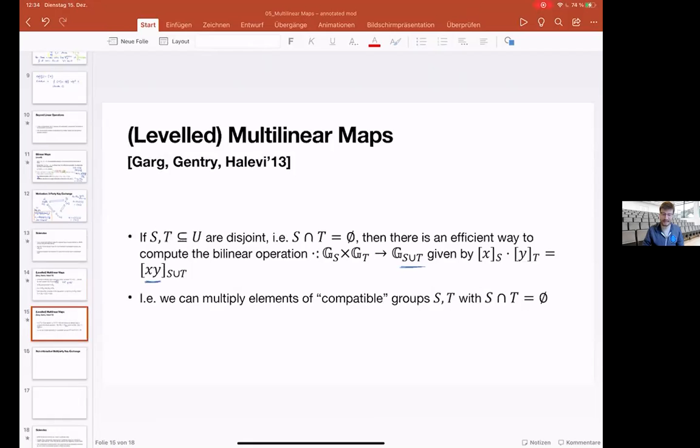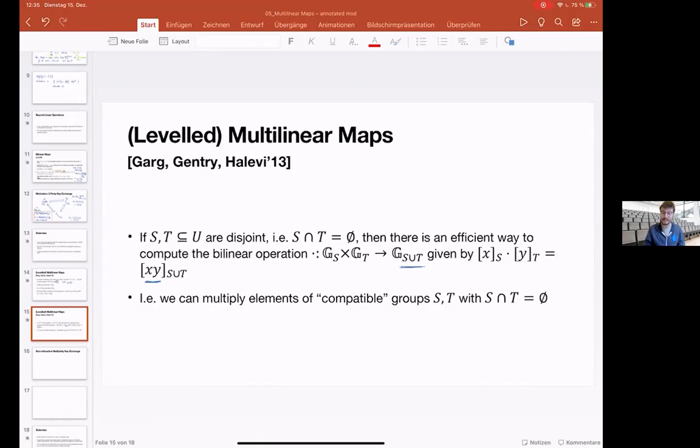But of course, what makes these multilinear maps special is that we also have a multiplication between these groups, G_S and G_T. So let's take index sets S and T in this universe, such that S intersect T is the empty set. It means S and T are disjoint. This is a very simple legality condition. It may be a bit surprising here, as if out of nothing, but later this will be very useful.